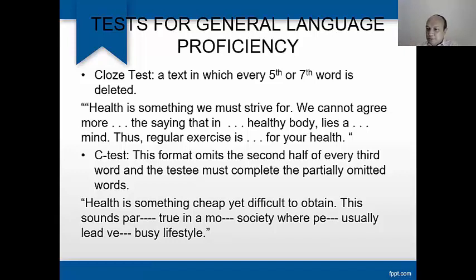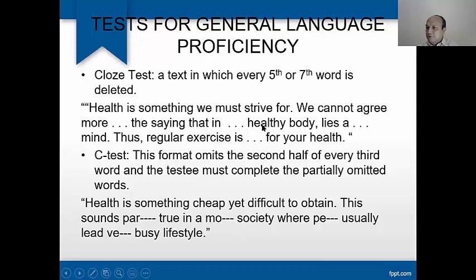So for example, it can go something like this: health is something we must strive for. We cannot agree more, and then you have the missing words here. The test takers have to recover, to write down the missing word here. The saying that in another missing word, healthy body lies there is another missing word, and so on and so on.